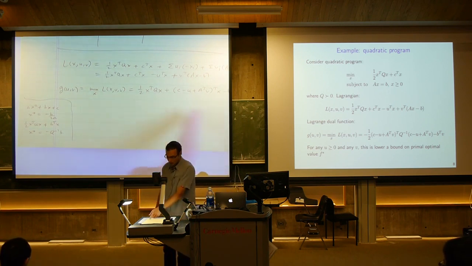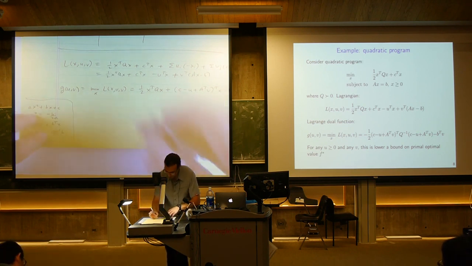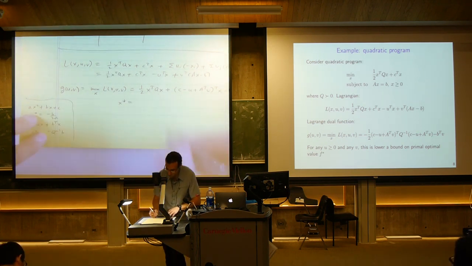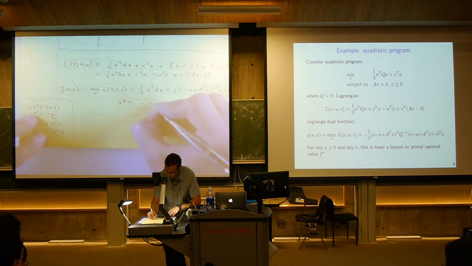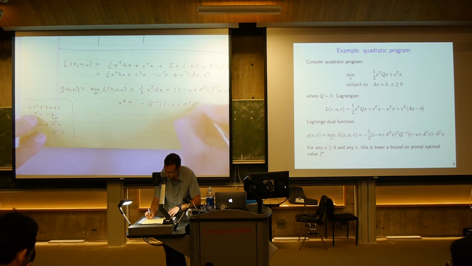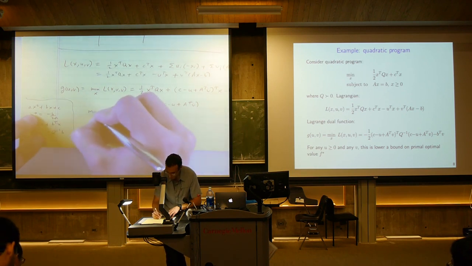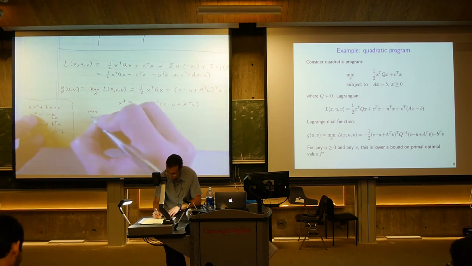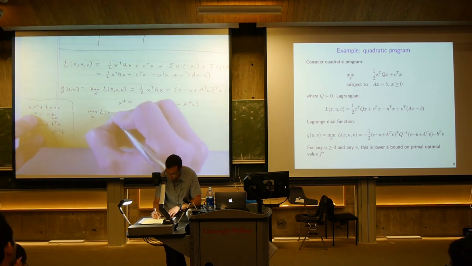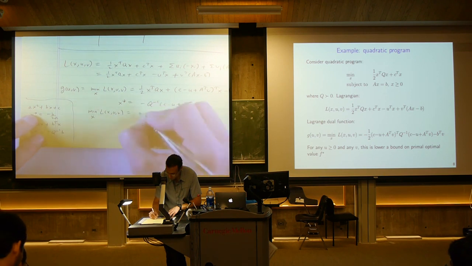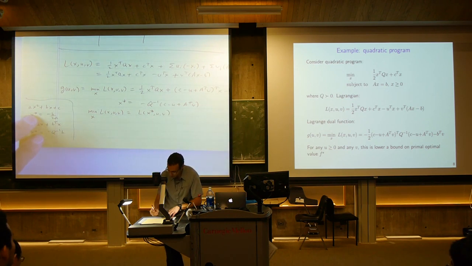So that's how I remember what it looks like for quadratics. So let's just apply that here. This whole thing is what I called b here, right? So the minimizer of the Lagrangian is just minus Q inverse times this thing, c minus u plus A transpose v. And so the minimum of the Lagrangian is what happens when I plug in that minimizer. It's just L of x star, u, v.